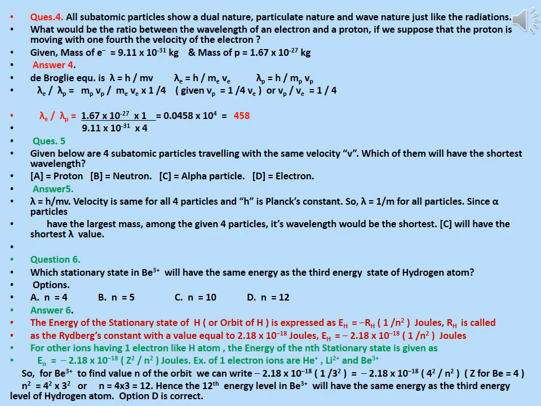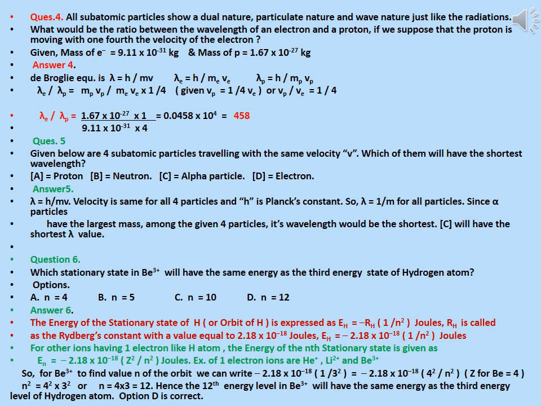Next, given below are 4 subatomic particles traveling with the same velocity v. Which of them will have the shortest wavelength? Which one will have the lowest lambda value? The particles are A proton, B neutron, C alpha particle.